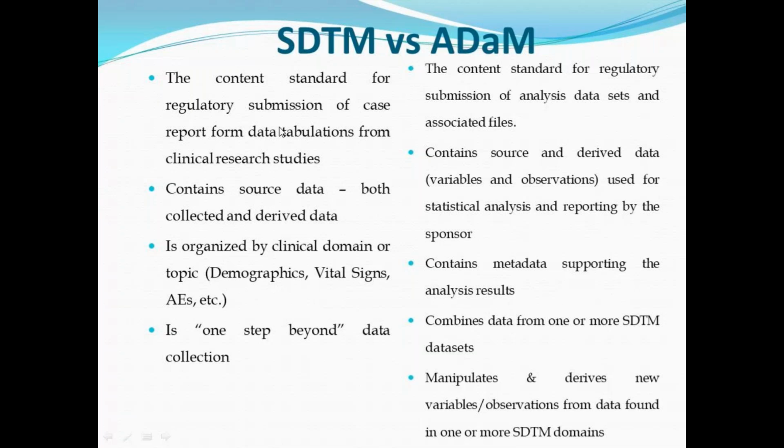How will we know which variables we have to present? Suppose I have a variable x, whether to present it in this particular domain, yes or no. How will I know? I have a CRF variable only. Suppose I have a variable RACEOTH.